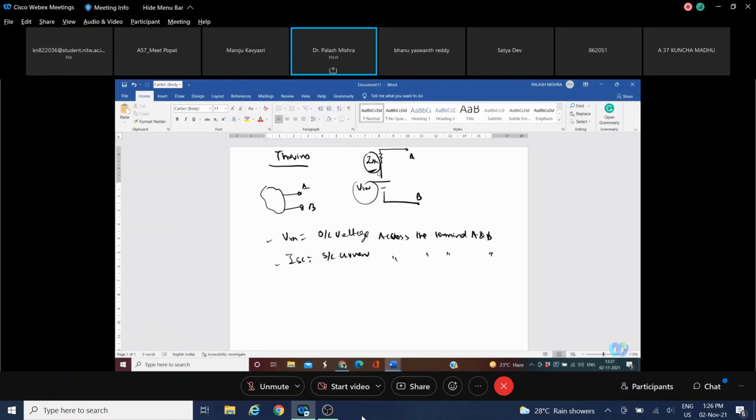Now let me show you a similar previous question, and let me find the VTH value in that question, a more simplified thing. The question was something like this: six ohm and 4 volts.